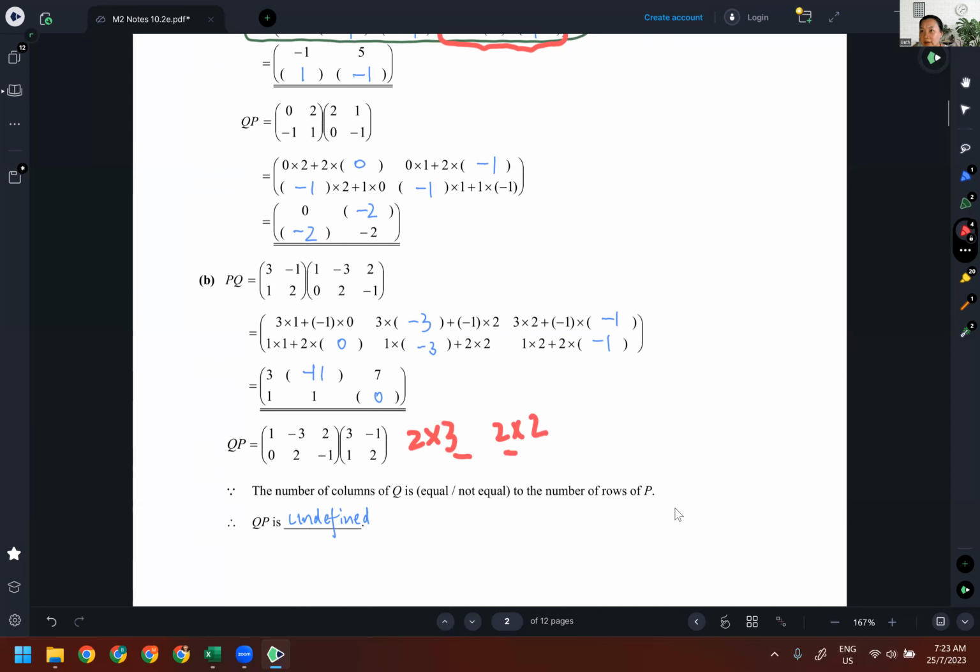That's why it's undefined. And this is very weird. This never happened in the traditional algebra with numbers. You can always multiply. You don't have to worry that these two numbers cannot multiply. But for matrices, not so much. Is that okay? Moving on.